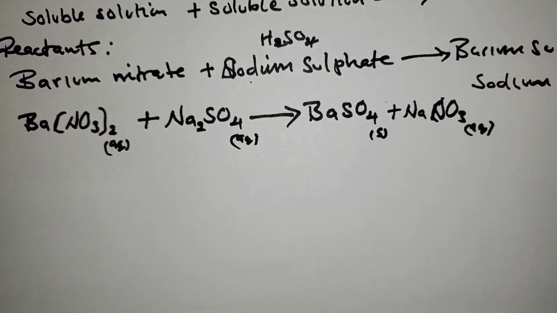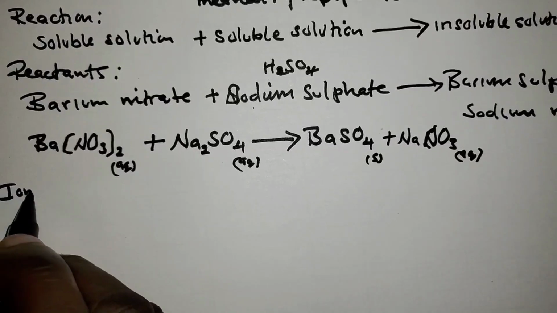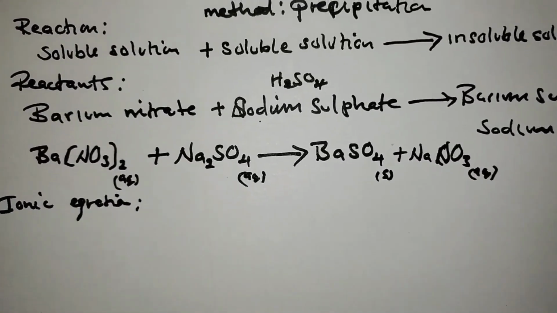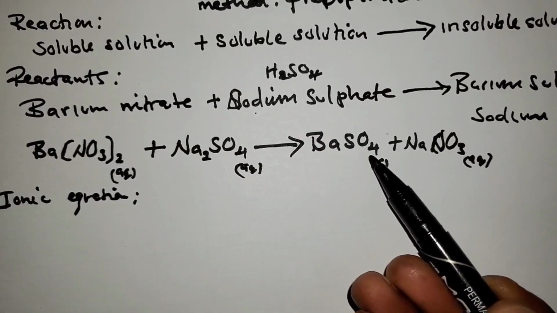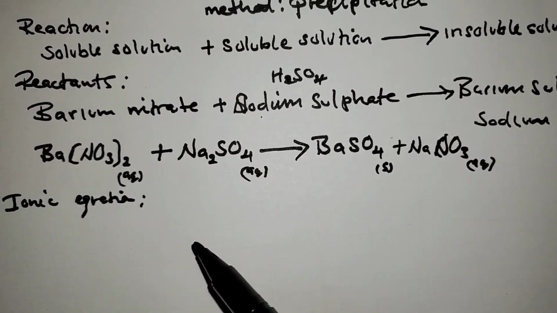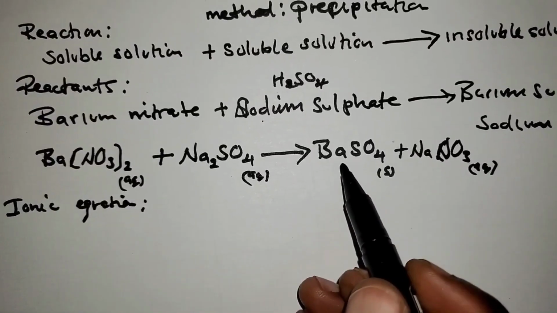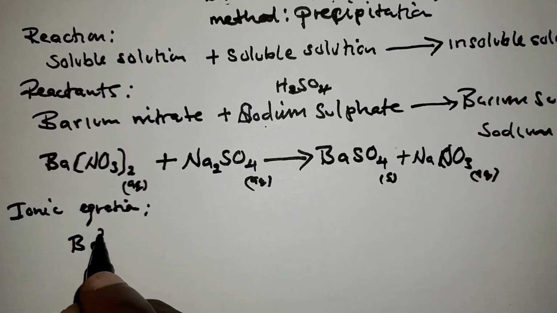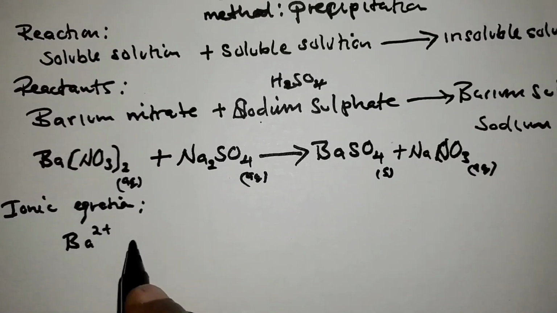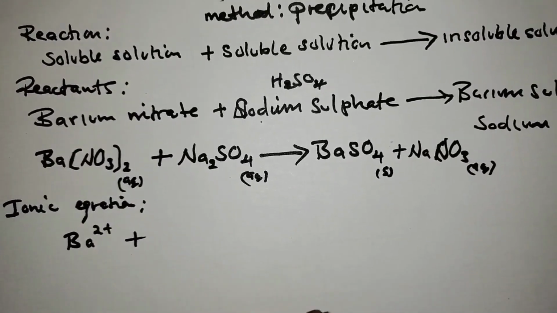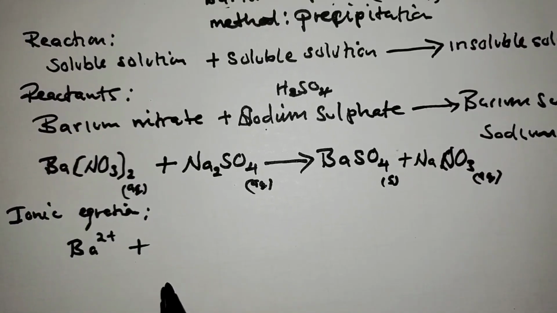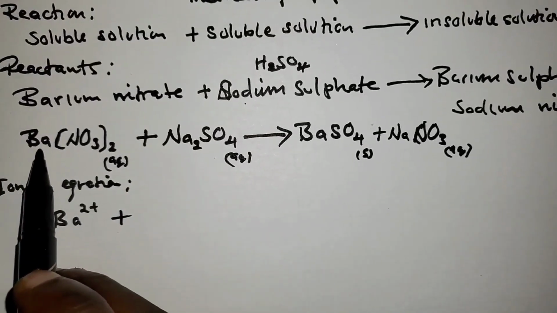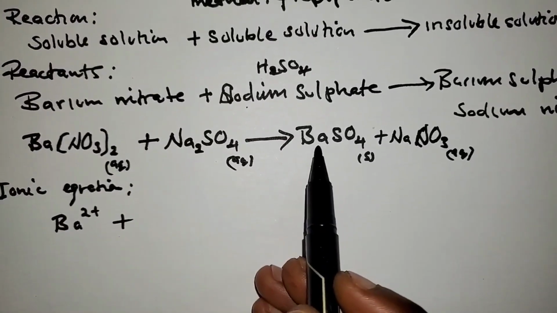Now the ionic equation. For you to produce barium sulfate, we use positive cations and anions. So for you to come up with barium sulfate, we are using barium 2 plus. Let's balance it first before we even proceed. Let's check if it's balanced. Barium, you have 1, and this side you have 1.